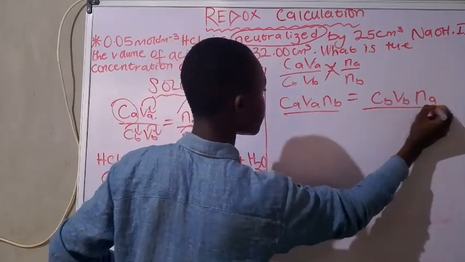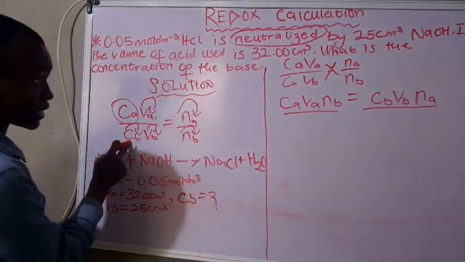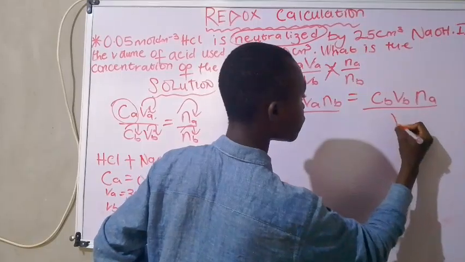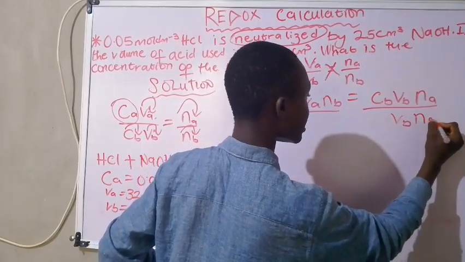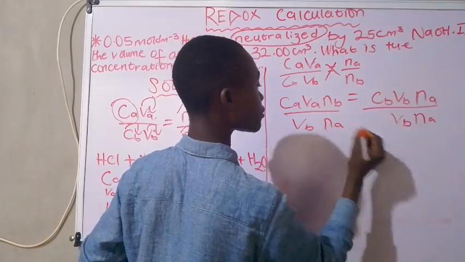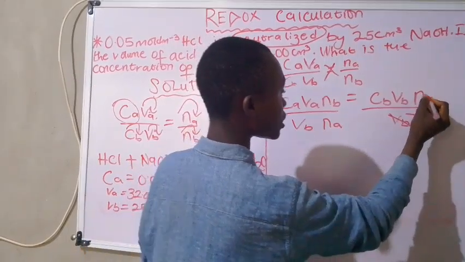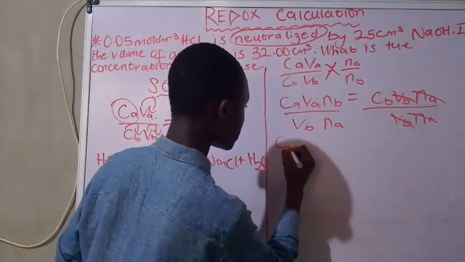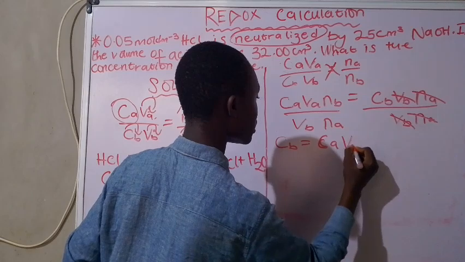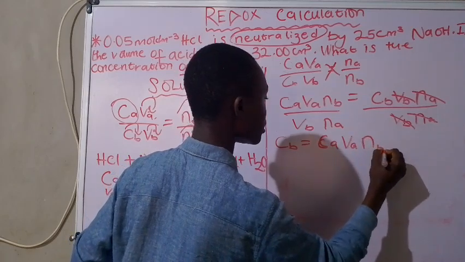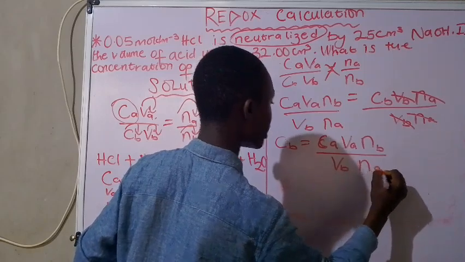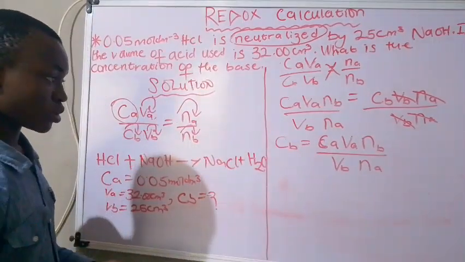Now, using the concentration of the base as the subject of the formula, VB NA cancels out, and CB will now be CA VA NB over VB NA.